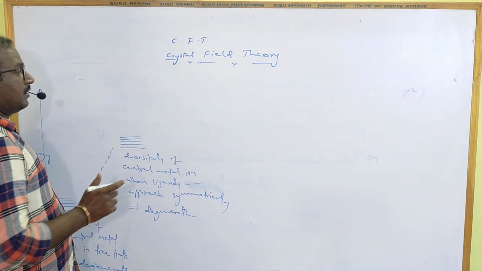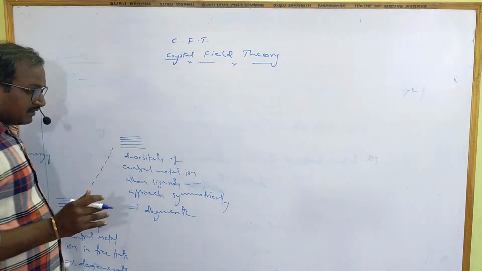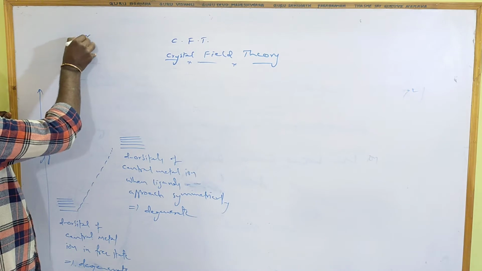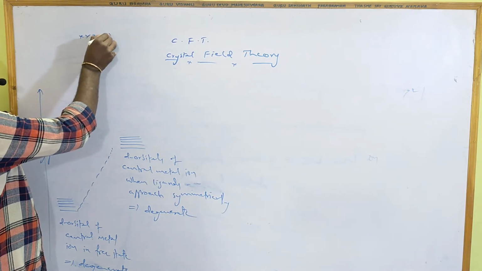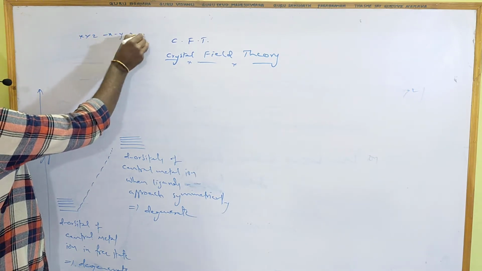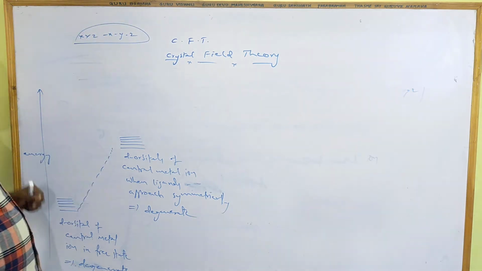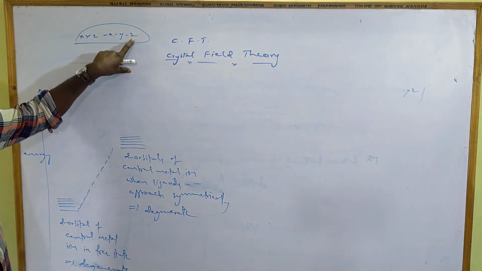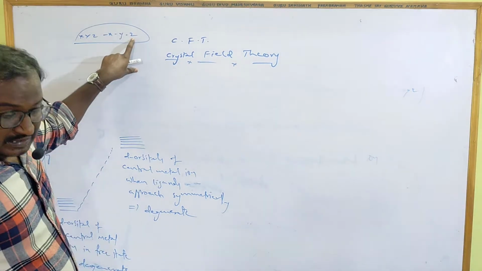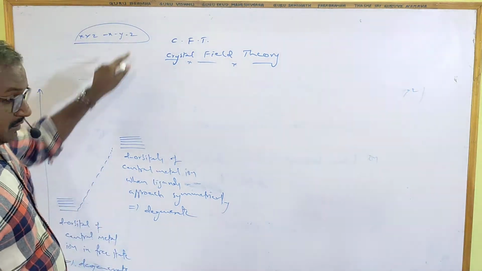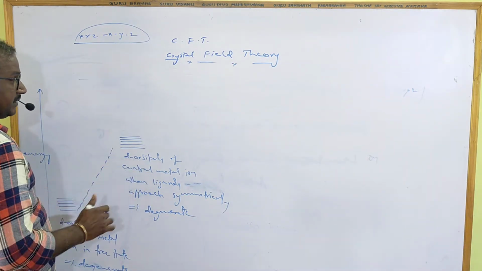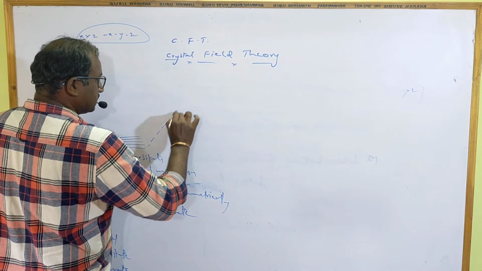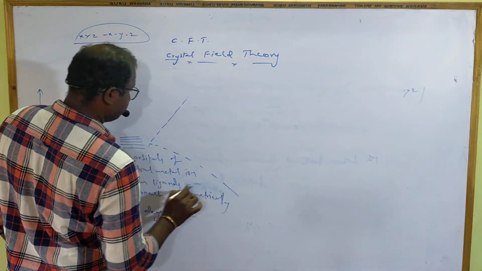In octahedral complexes, that approach takes place along x, y, z, minus x, minus y, minus z. So when the ligands approach along these axes, giving electron pairs, the d orbitals split into two groups like this. This is one group, this is another group.